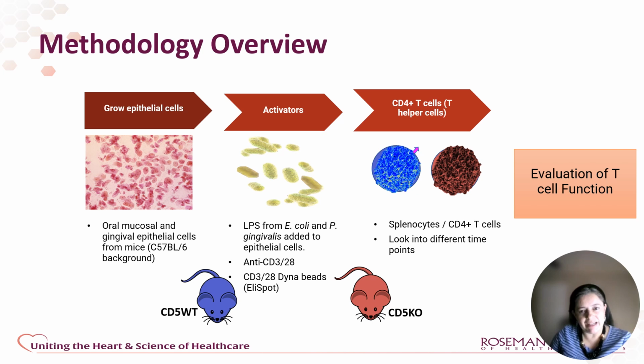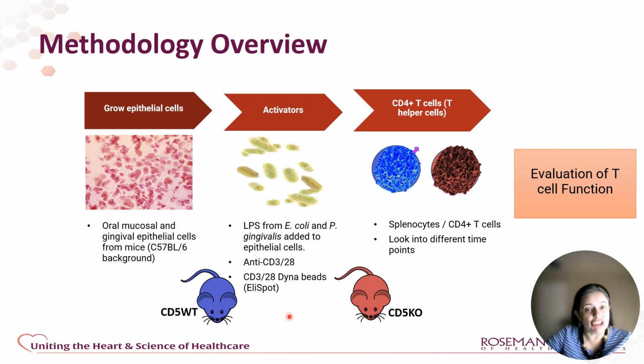In order to recreate that, we try to recreate the microenvironment that we have in the oral cavity. For that, we are using cell lines from oral mucosa and gingival epithelial cells from mice, and we are using a specific mouse strain, the C57 black 6 mice.